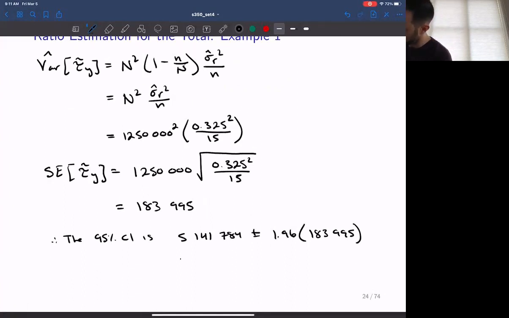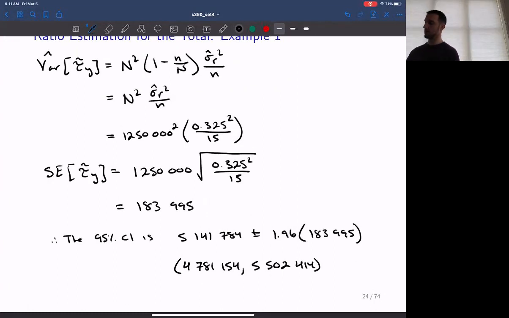And that should give us something in the area of 4,781,154 to 5,502,414.